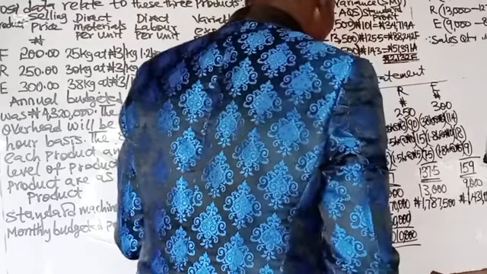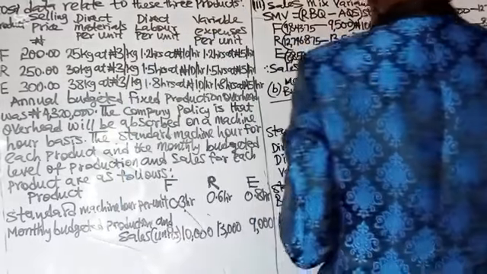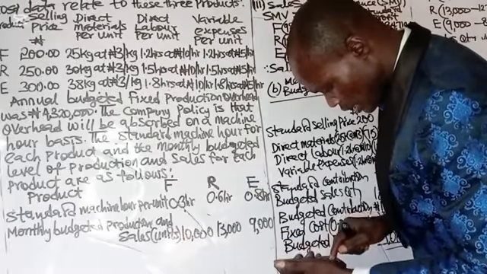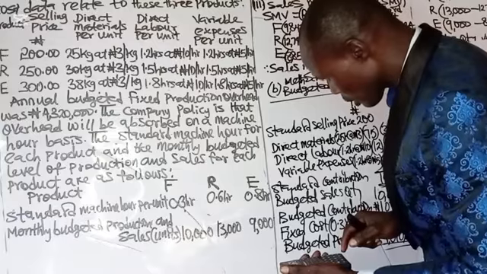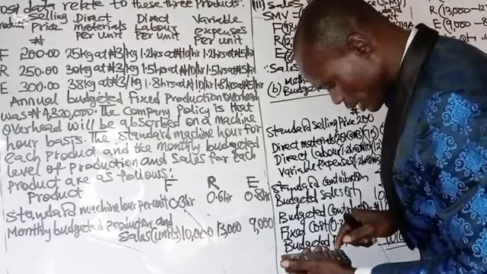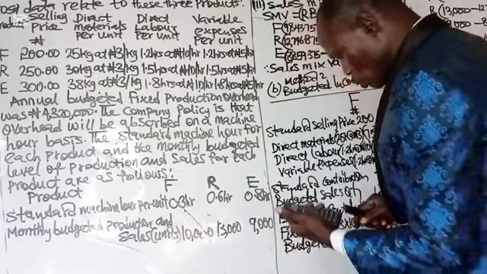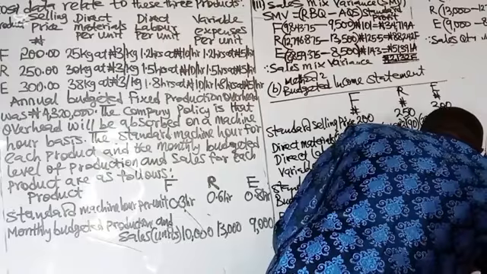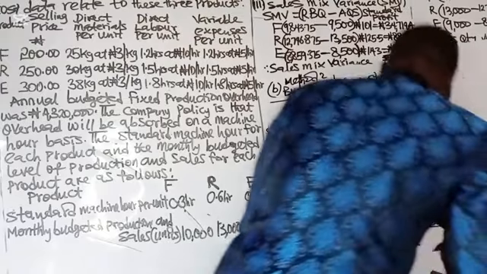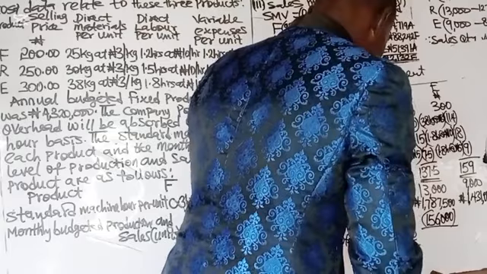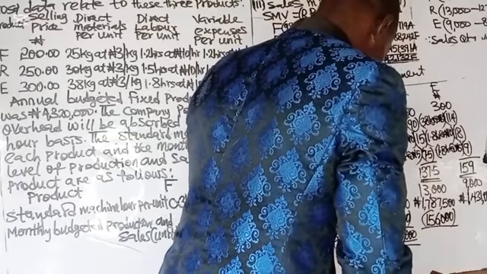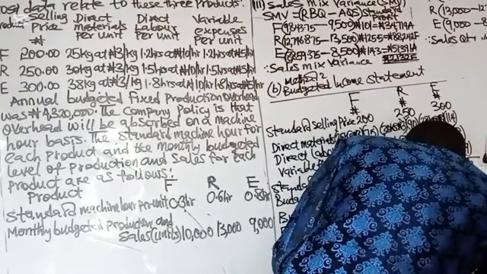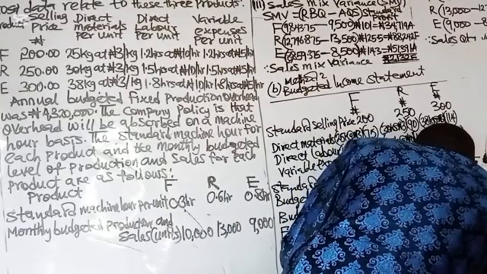Then for R, 0.6 times 13,000 times 20 gives us 156,000. You subtract 156,000 from 1,787,500. Then you'll be left with 1,631,500.